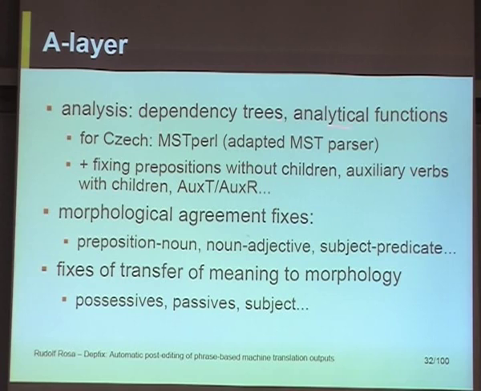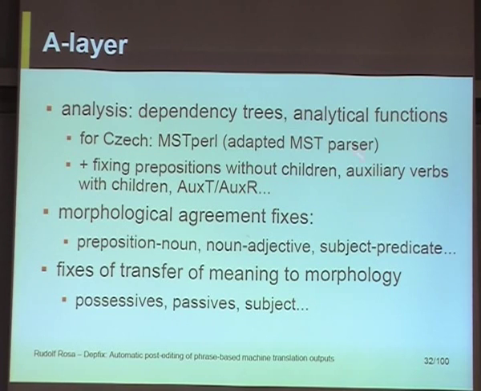For Czech we had to use an adapted parser because, as I said, the outputs of machine translation contain many errors, and the basic parser is very sensitive to that. And I will talk about the parser at the end of my presentation.